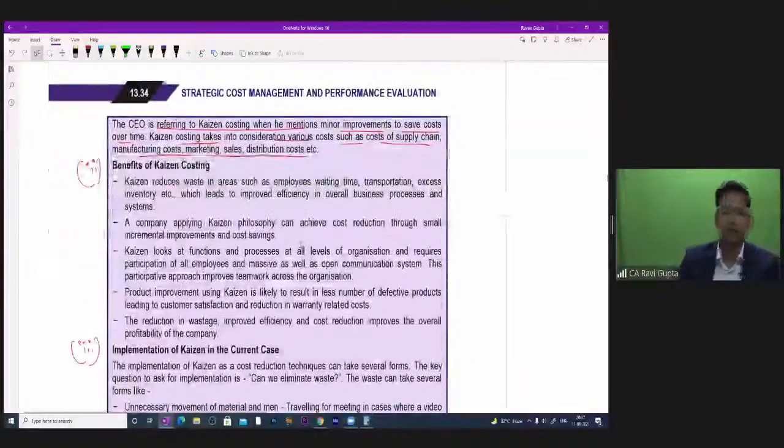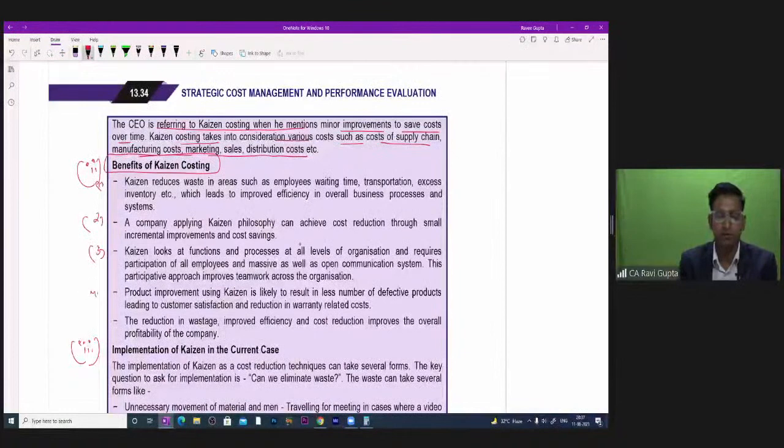Right, now moving to the benefits. The second part, we have 5 points. One, Kaizen costing reduces the waste in areas such as employees' waiting time, transportation, and excess inventory, which leads to improved efficiency in the overall business process and system.